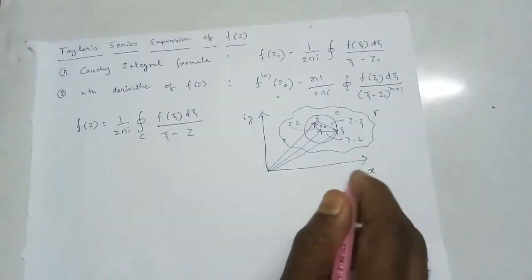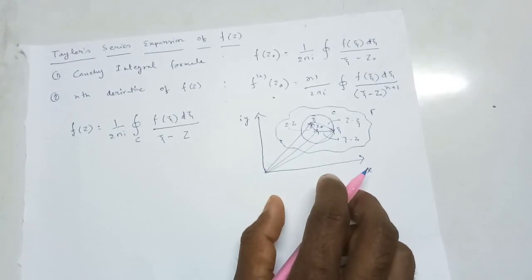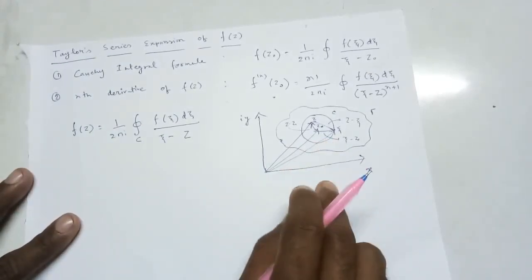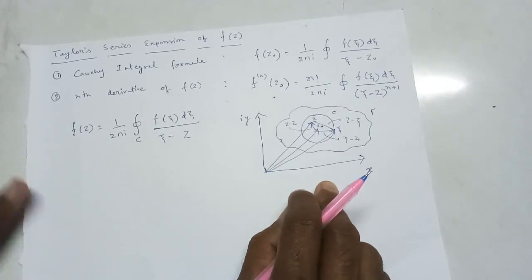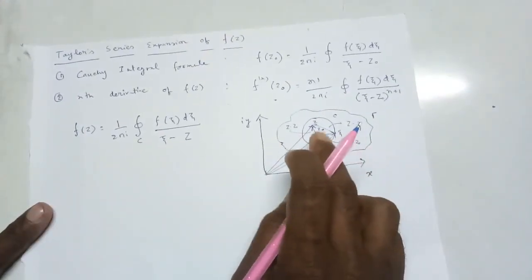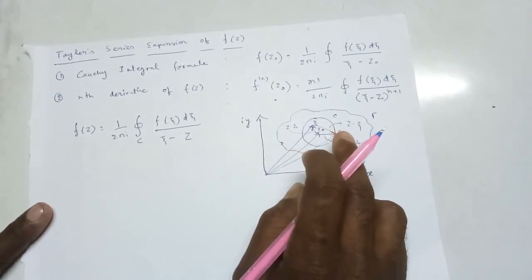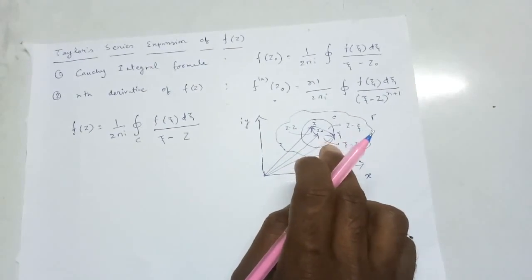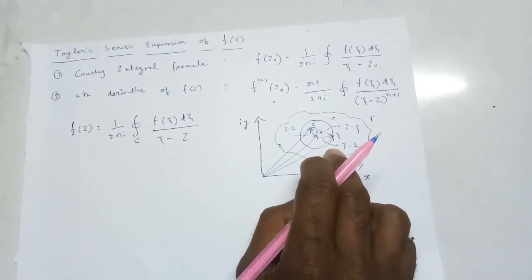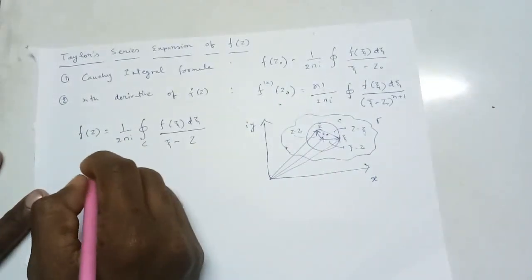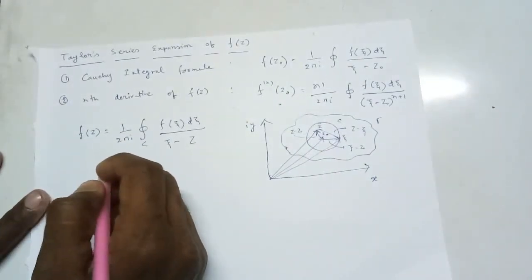Here function of z is obviously analytic in this region, the circle C, and we want to expand the function of z in this region gamma within the circle centered at z0. Therefore we consider at first Cauchy's integral formula.